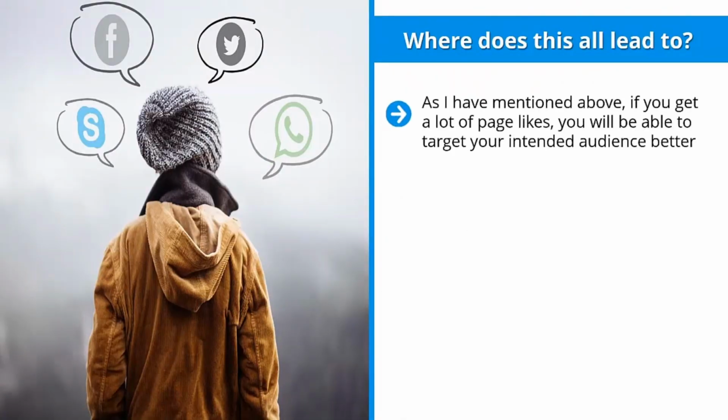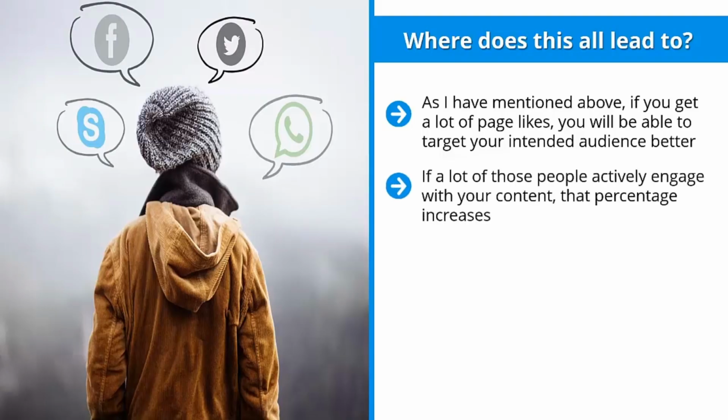As I have mentioned above, if you get a lot of page likes, you will be able to target your intended audience better. In addition to that, you may be able to increase your reach because the more people that like your page, the bigger your base visibility becomes. If a lot of those people actively engage with your content, that percentage increases, but you're still dealing with the reality that your content will only reach a fairly small percentage of the people who have expressed interest in your content.